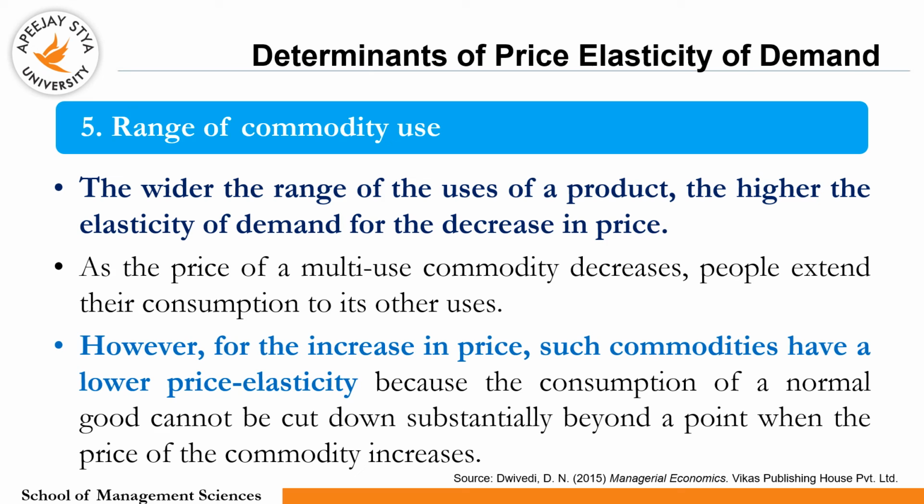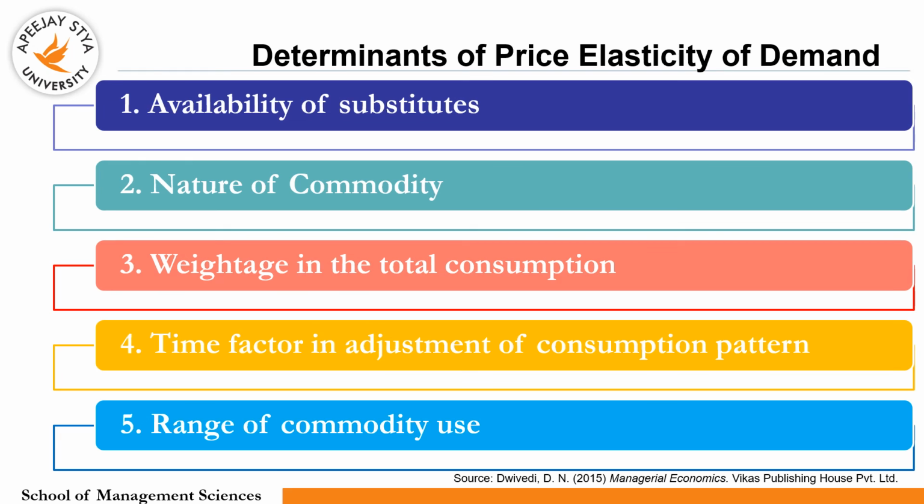However, for the increase in price, such commodities have a lower price elasticity because the consumption of a normal good cannot be cut down substantially beyond a point when the price of the commodity increases. So, these are the five major determinants of price elasticity of demand.